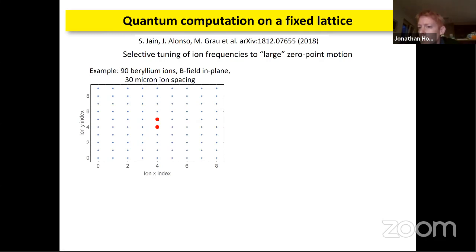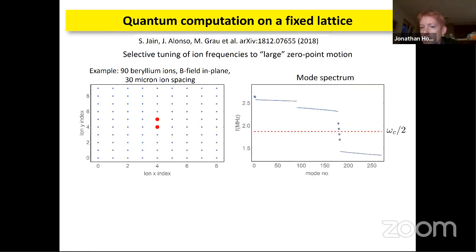All of them will couple, and you'll get a band of normal modes for each of the types of motion that you have. But what we're going to do is take two of the sites and detune them into this critical regime where the magnetron and cyclotron motions are very similar to each other. For those two sites, you then get isolated normal modes, which only involve the ions at those sites.